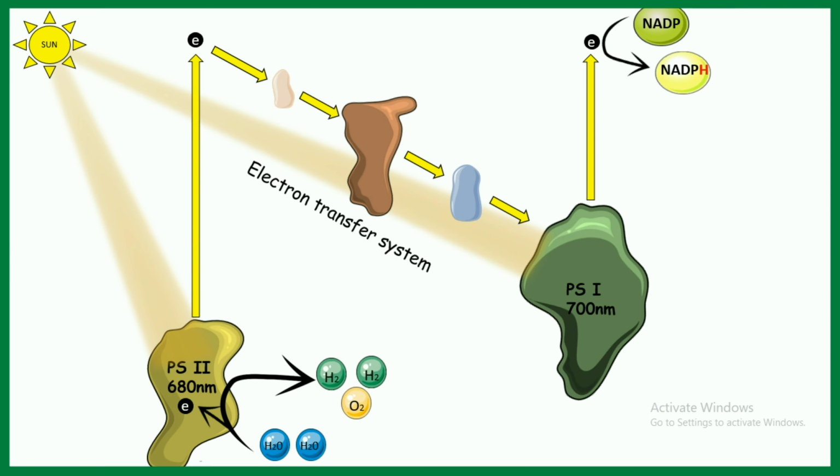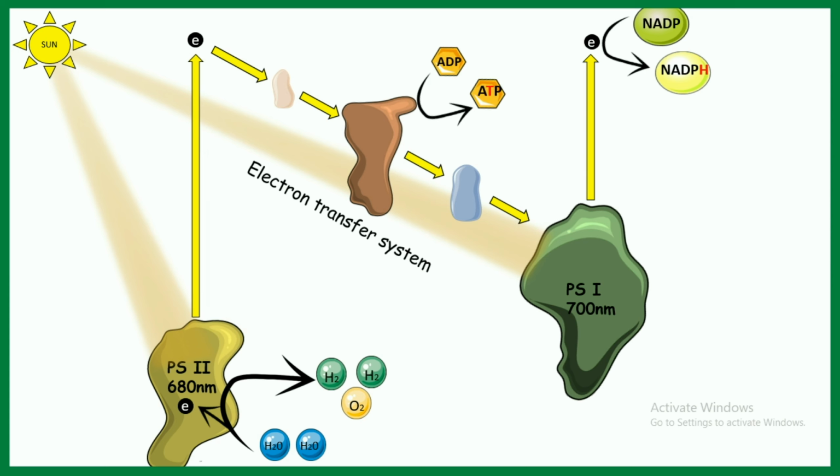This lysis of water in presence of sunlight is known as photolysis of water, and the oxygen molecule thus released is the byproduct of photosynthesis that you see in the equation.